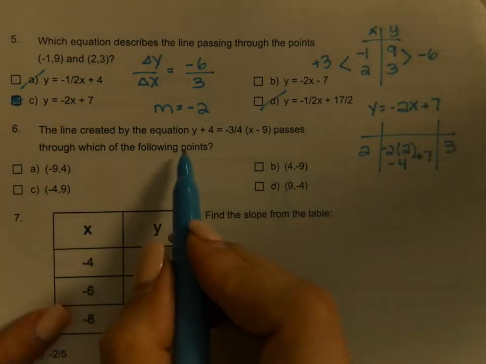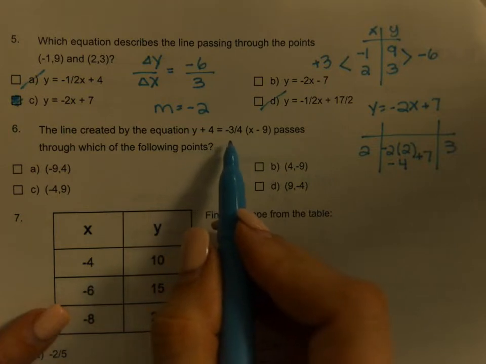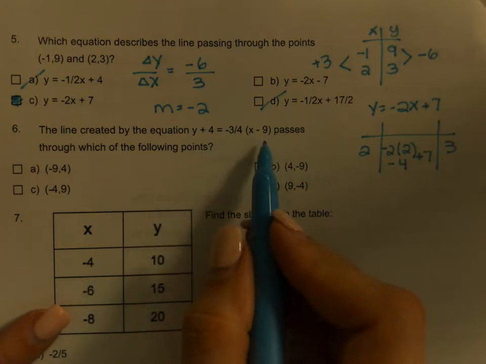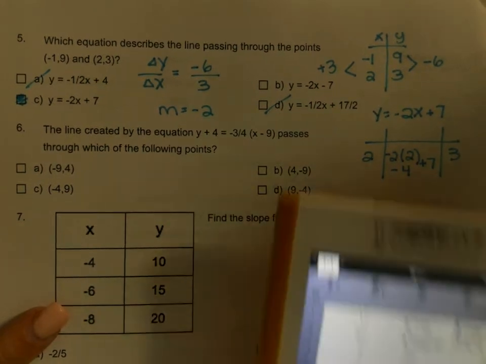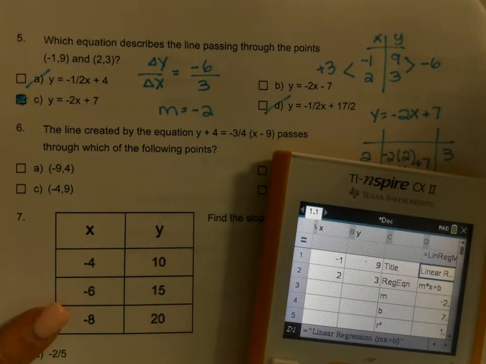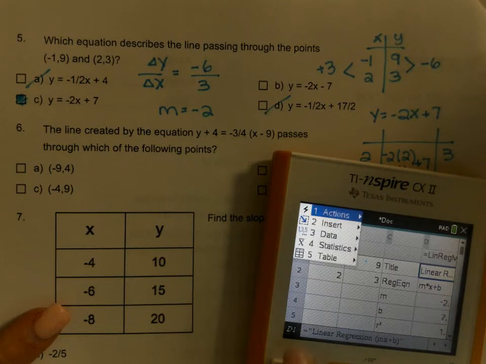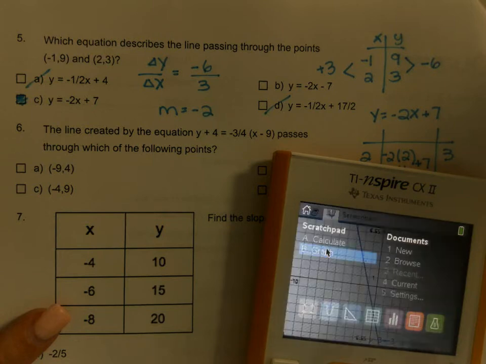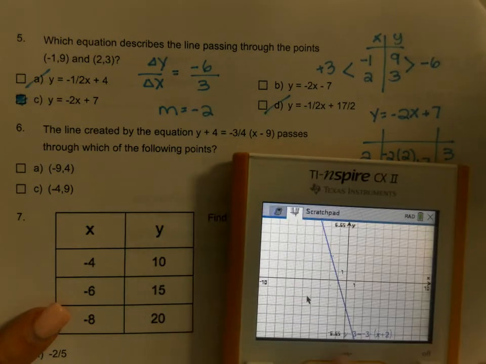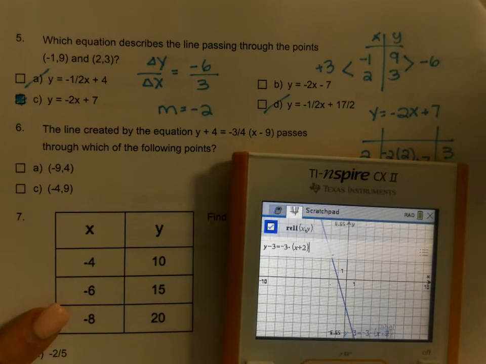The line created by the equation y plus 4 equals negative 3/4 parentheses x minus 9 passes through which of the following points? So on our new calculators, we could type this in. So if I go back to my graph, let's go home, go back to my graph. Okay, so I'm going to type in my equation. I'm just going to double click.